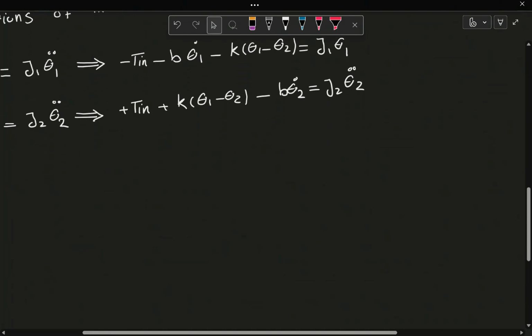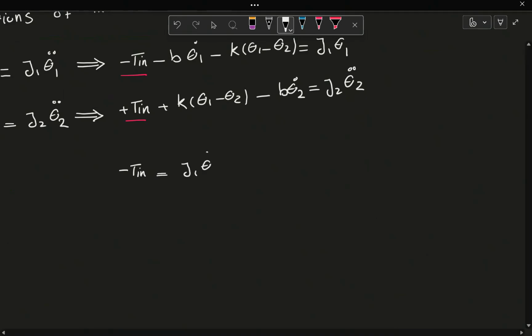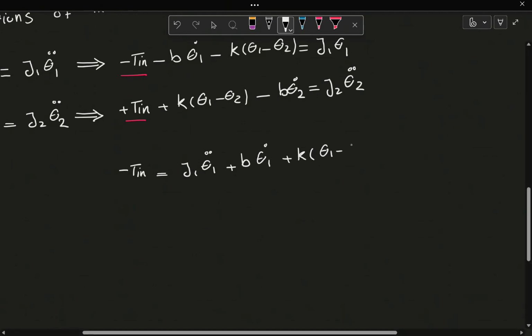At this point, what I'm going to do is keep the inputs on one side and bring all the dynamic terms to the other side, and I'll flip their signs. Okay. So this is going to be negative Tn equals J1 theta 1 double dot plus B theta 1 dot plus K (theta 1 minus theta 2).